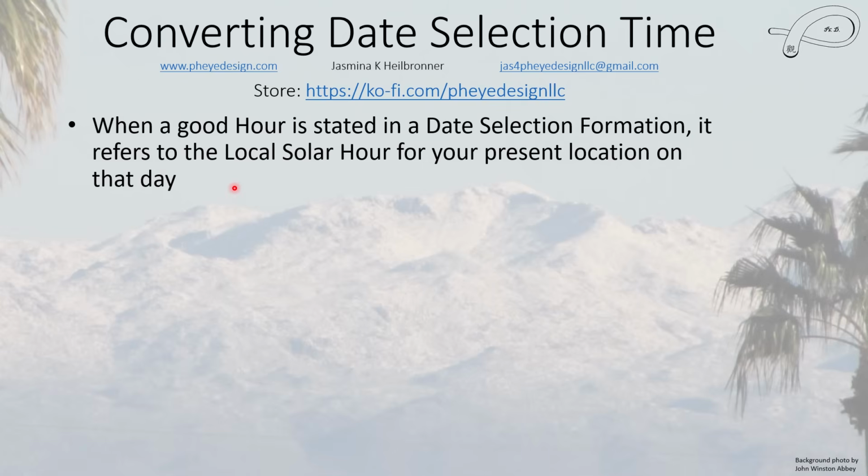When I put down a good hour to do something, that comes from a date selection formation. This is the local solar hour for your present location on that day, wherever you are on that day. So if you're not at home, you have to redo this calculation for whatever location you happen to be at.